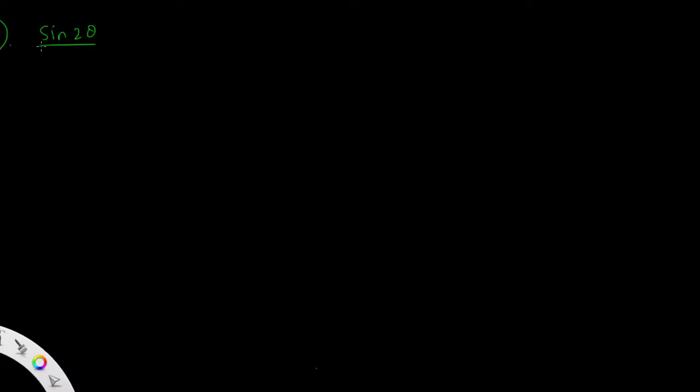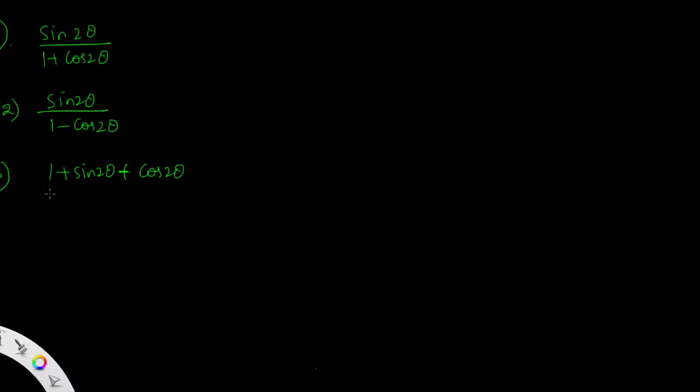Matching problem: the first is sin 2 theta by 1 plus cos 2 theta. The second one is sin 2 theta by 1 minus cos 2 theta. The third one is (1 plus sin 2 theta minus cos 2 theta) divided by (1 plus sin 2 theta plus cos 2 theta).